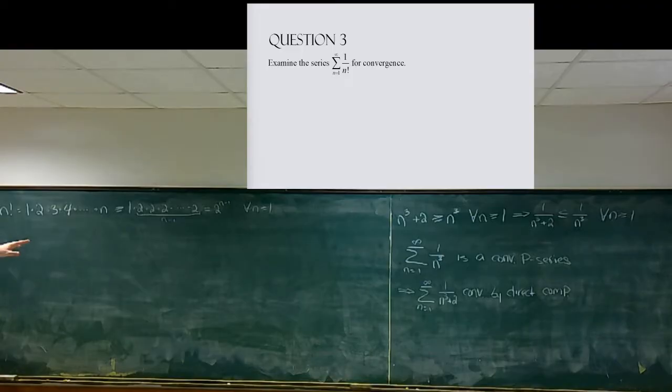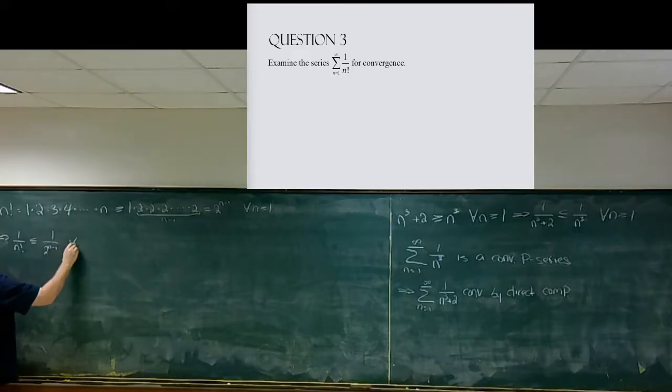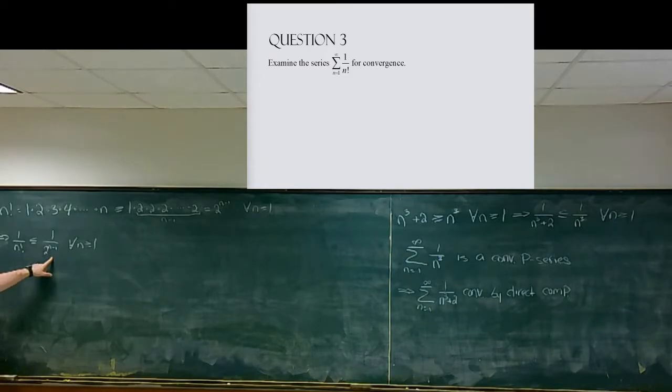There we have n factorial greater than or equal to 2 to the n minus 1. Take the reciprocal. So we have 1 over 2 to the n minus 1 is greater than or equal to 1 over n factorial for all n greater than or equal to 1.